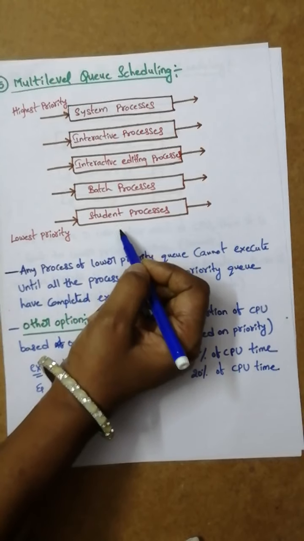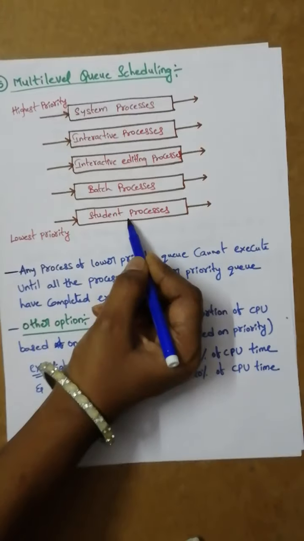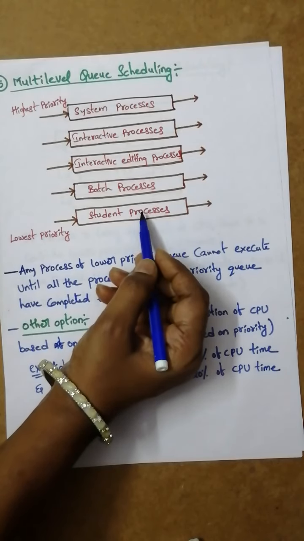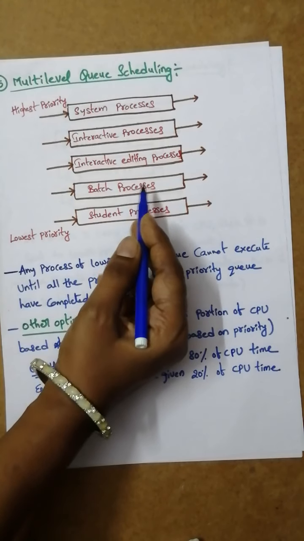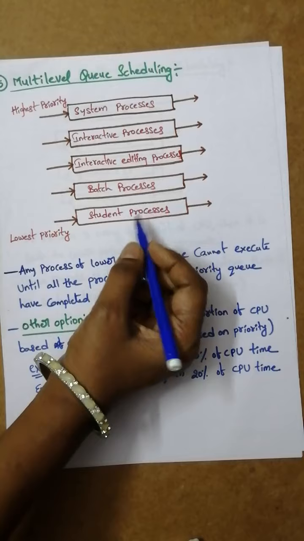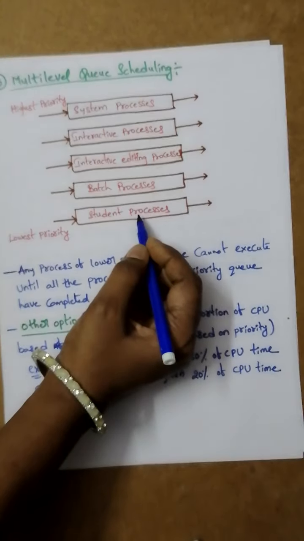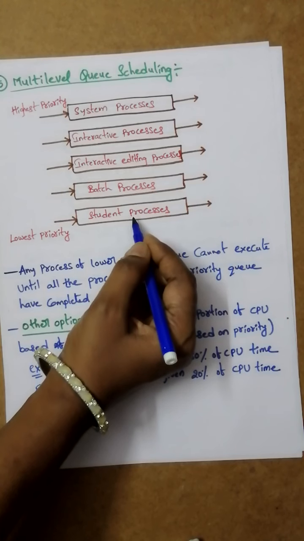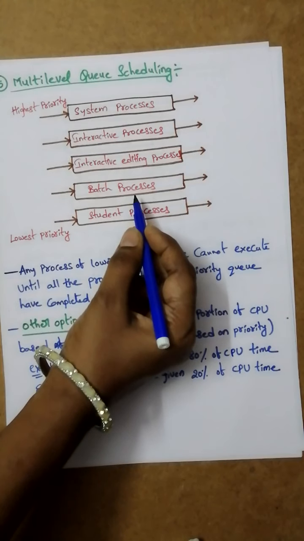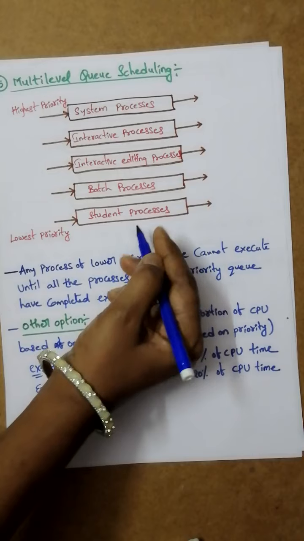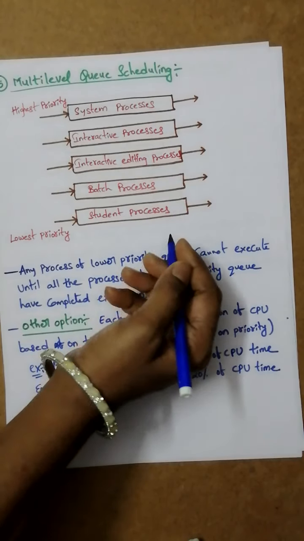In that case, the process should release the CPU and it should be given to the higher priority process. That is, it is preemptive. Whenever a higher priority process comes into the system, the lower priority one should release the CPU and give it to the higher priority one. So this is the problem in multi-level queue scheduling.